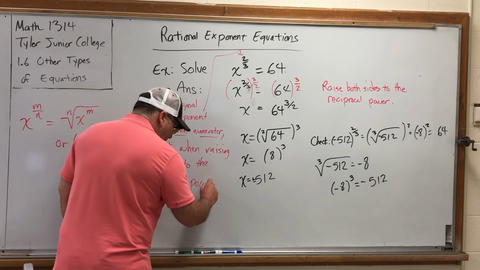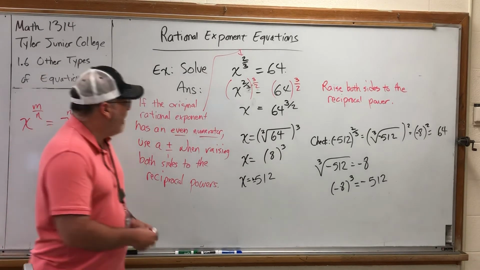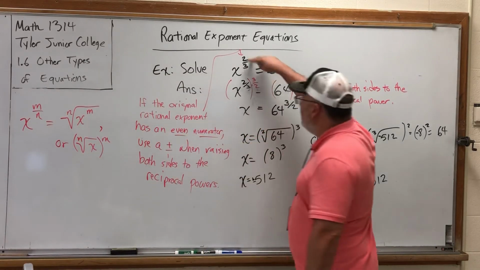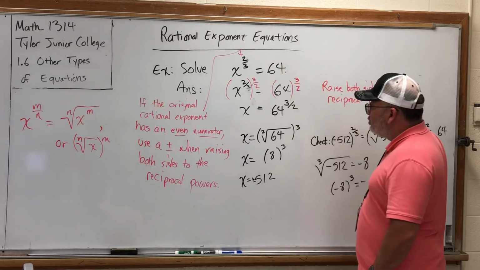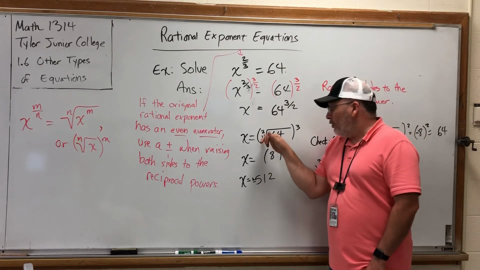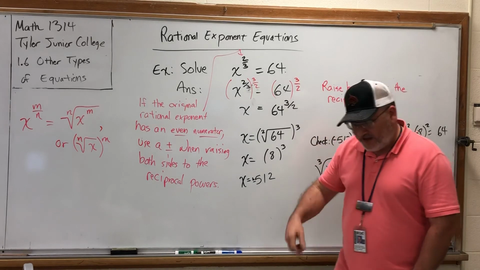I know it's a lot of words to say use a plus minus now, but if your rational exponent on the variable has an even number in the numerator, then raising both sides to a reciprocal power will take an even root, which is what brings the plus minus.